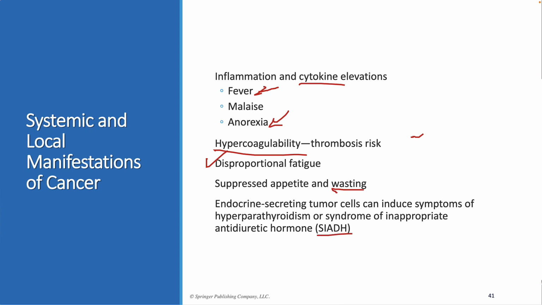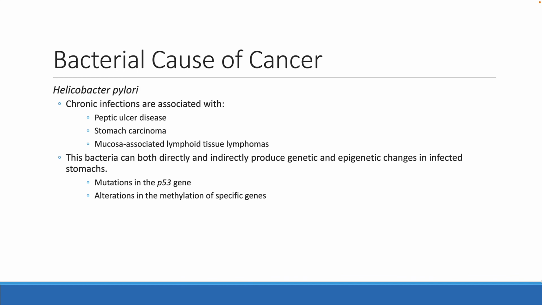So in tumors of the lung, for instance, they can be ADH secreting tumors, and that leads to the syndrome of inappropriate antidiuretic hormone. There are bacterial causes of cancer. We know about H. pylori. H. pylori was initially associated with development of peptic ulcers, but it turns out that even if we treat H. pylori when there's a peptic ulcer, that's not curative of the ulcer necessarily.